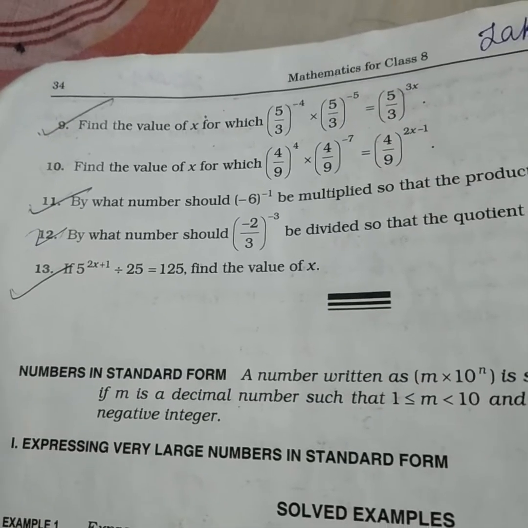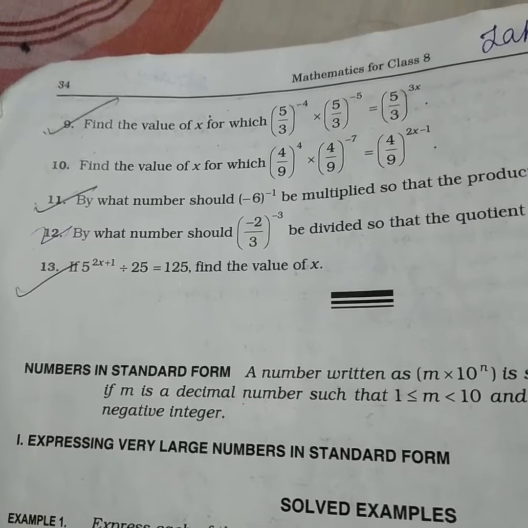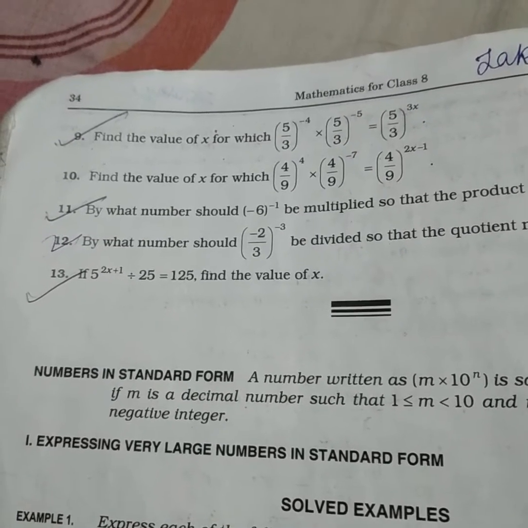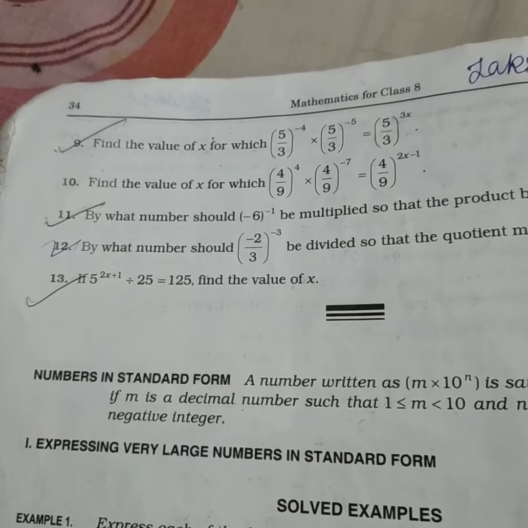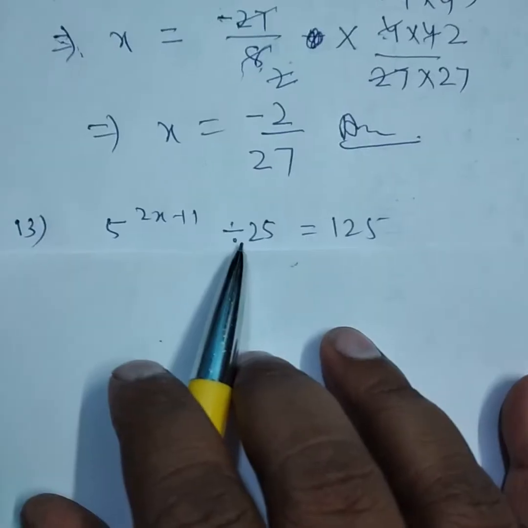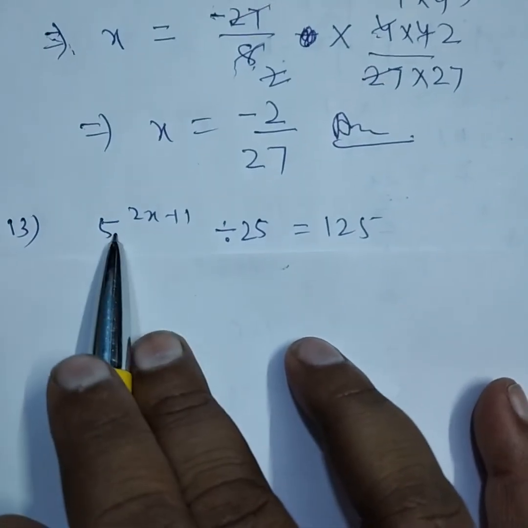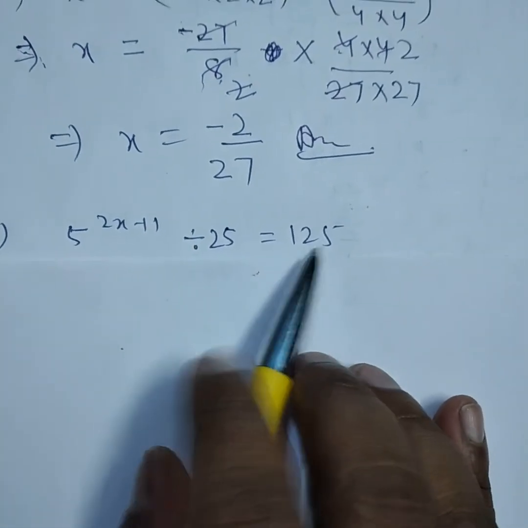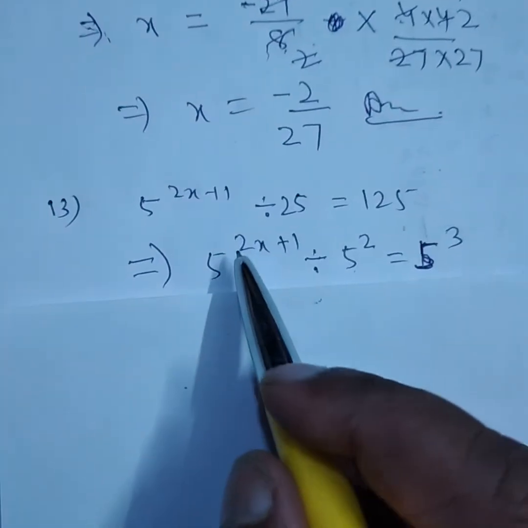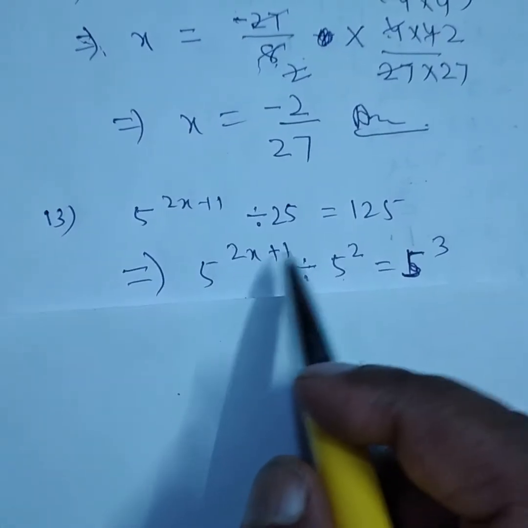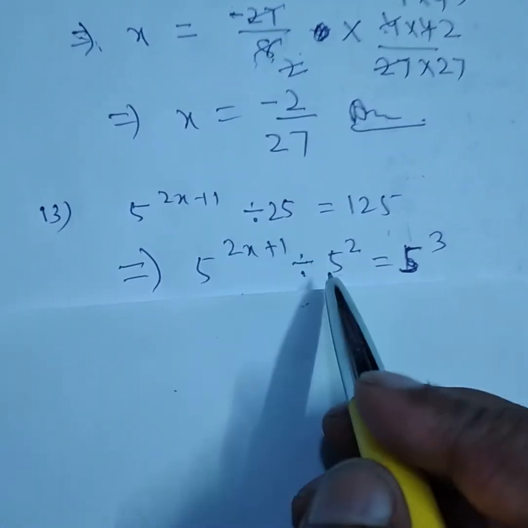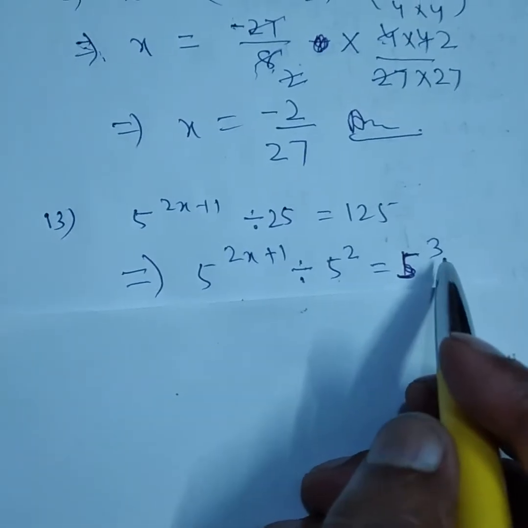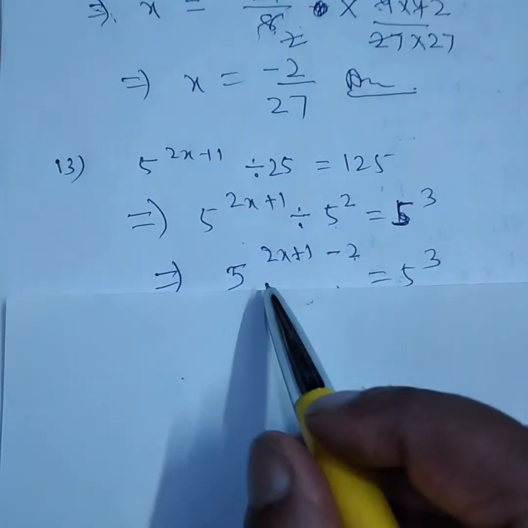Now the last question of this exercise. If 5^(2x+1) divided by 25 equal to 125, find the value of x. This one is the question. 5^(2x+1) divided by 25 equal to 125. Now 25 we can write as 5^2, and 125 we can write as 5^3.